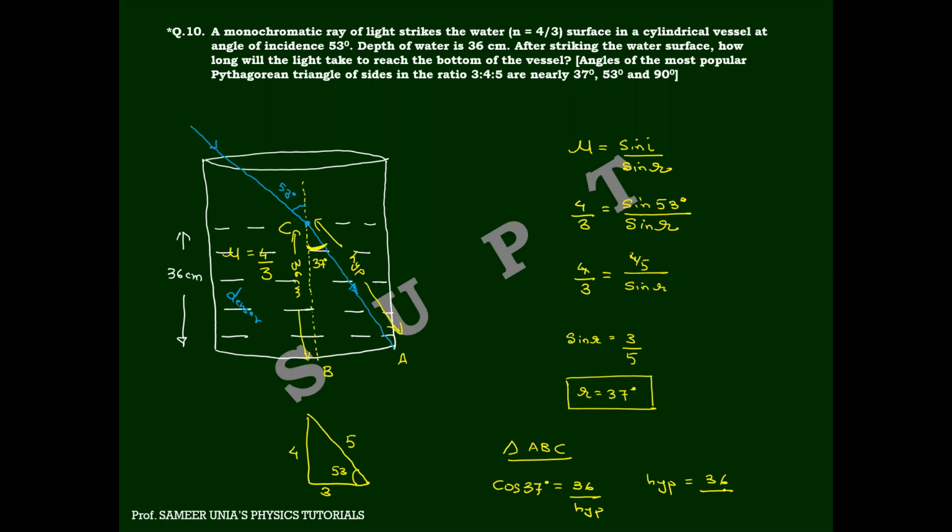Cos 37 is 4 by 5, so 9 fives are 45 centimeter. The hypotenuse becomes 45 centimeter.